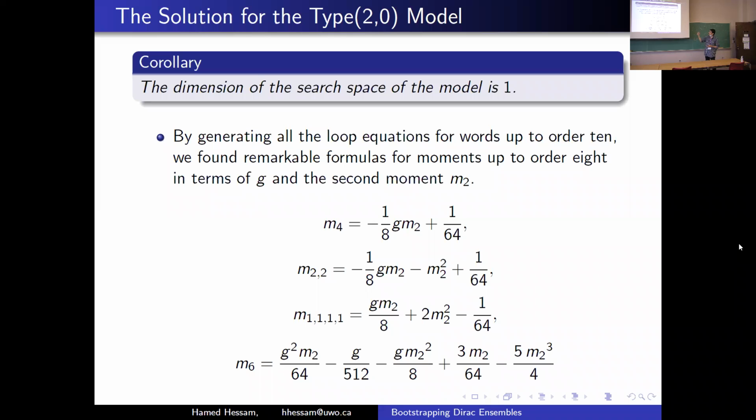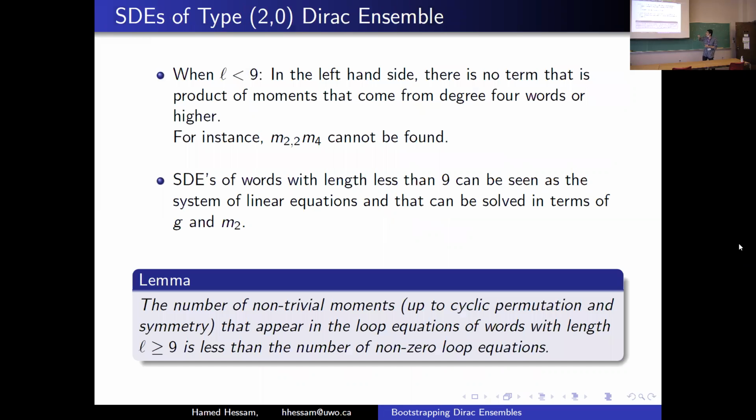And by this method, I should say that the number of non-trivial moments in the loop equations with length more than 9 is less than the number of non-zero loop equations.